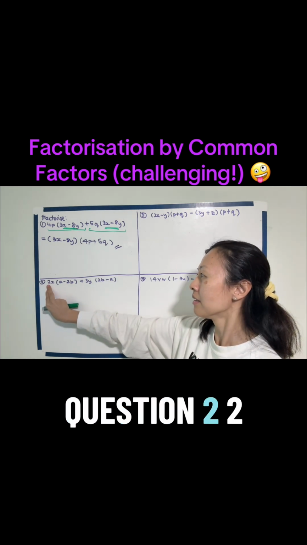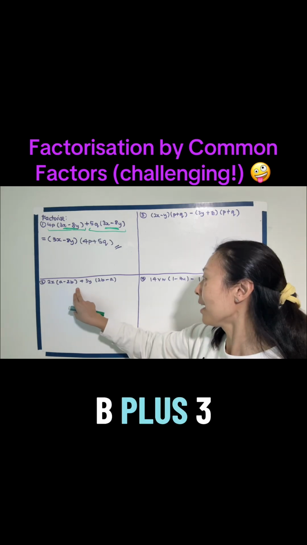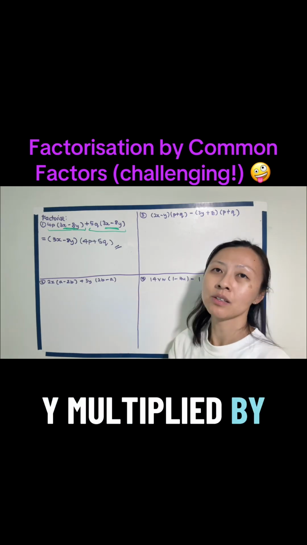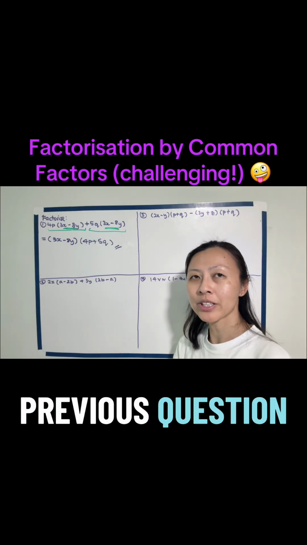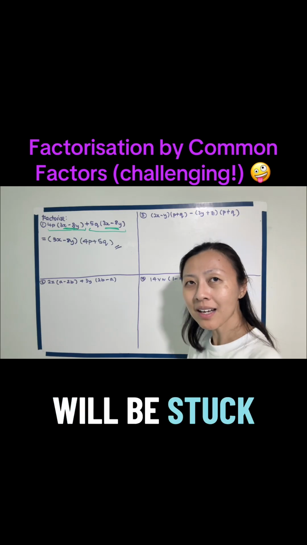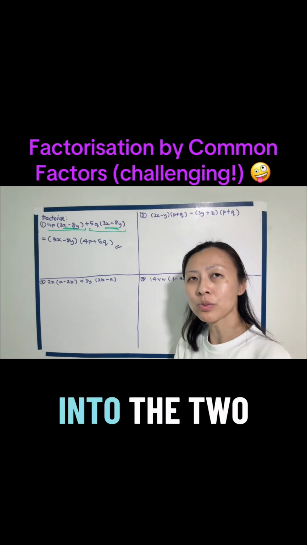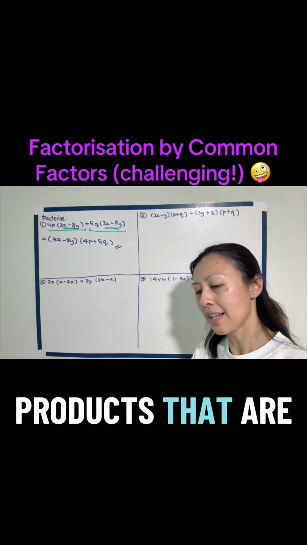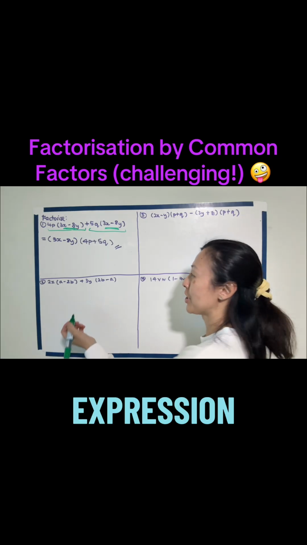Question 2, 2x multiplied by a minus 2b plus 3y multiplied by 2b minus a. Similarly, like the previous question, we cannot expand it out. We will be stuck and we can't factorize. So let's look into the two products that are put together to form the entire expression.